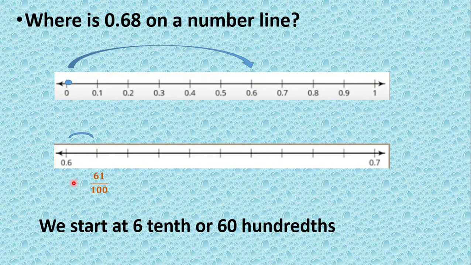So we go 6100, 6200, 6300, 6400, 6500, 6600, 6700, 6800, or we can say 0.68. Remember, to find the correct placement on the number line, you count the spaces. We do not count the lines.